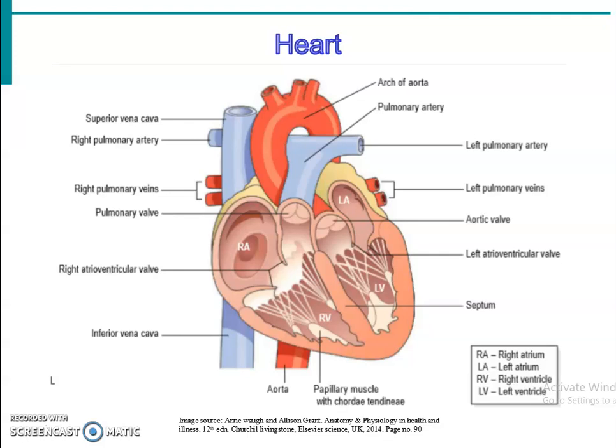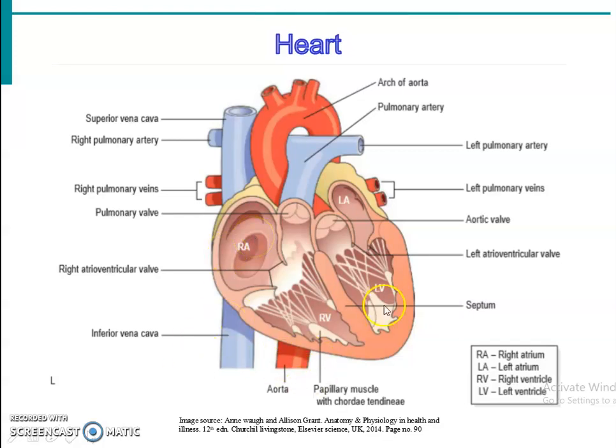Then the blood vessels connected to the different chambers of the heart. The right atrium is connected with the superior as well as the inferior vena cava. These blood vessels carry deoxygenated blood from throughout the body, from the upper part of the body as well as from the lower part of the body, towards the right atrium.